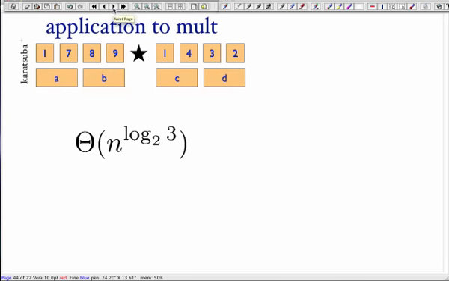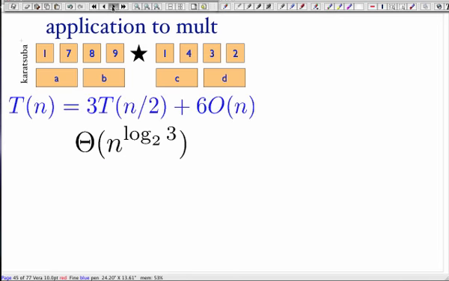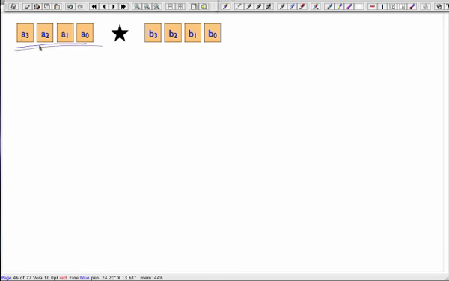Applications to multiplication. Remember, the best we had so far was this right here. We're actually now going to do much better, because the trick is to view this right here as a polynomial. So let's look at this as a0 plus a1x plus a2x squared plus a3x cubed.